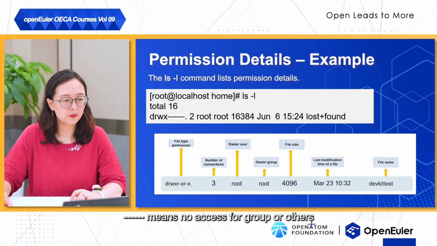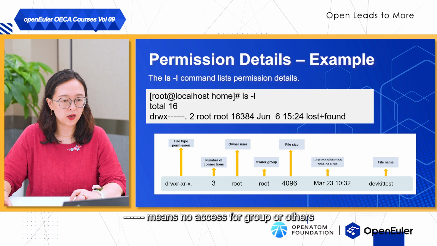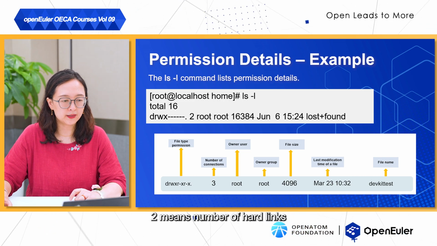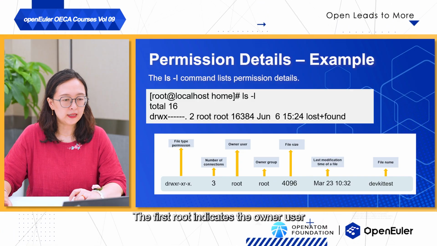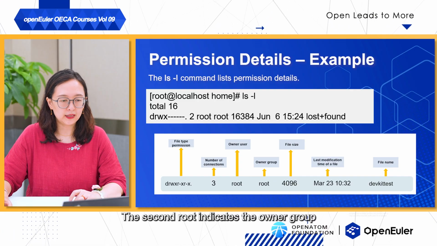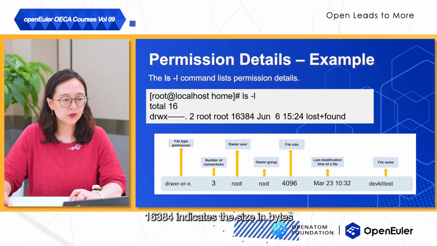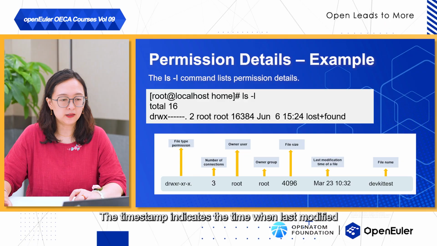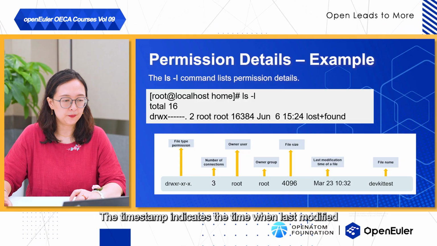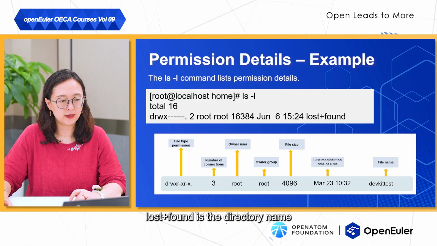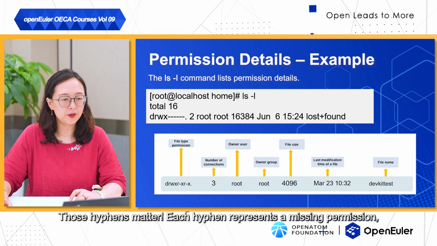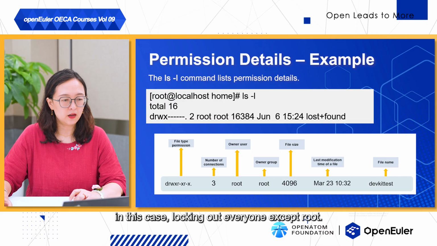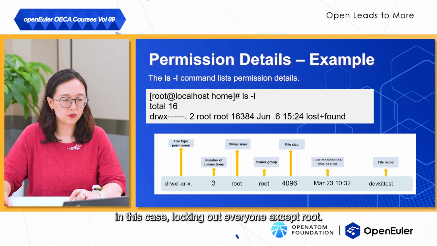The 6 hyphens mean no access for the group or others. In the other fields, 2 means the number of hard links. The first root indicates the owner user, the second root indicates the owner group. 16384 indicates the size in bytes. The timestamp indicates the time when it was last modified. lost+found is the directory name. Those hyphens matter. Each hyphen represents a missing permission, in this case locking out everyone except root.